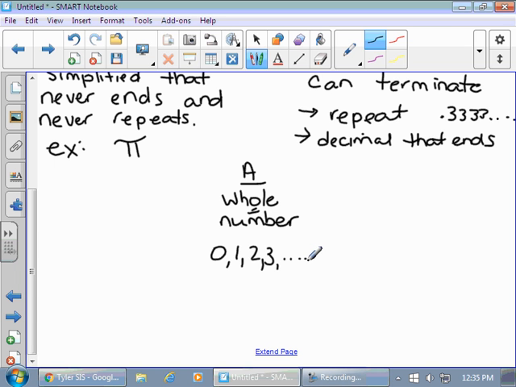Then we have what we call a natural number. Now, some of these numbers can fall into different groups. Natural number starts with 1 and goes up. So 1, 2, 3, again, as far as I can count. So right now, if I gave you the number 4, it's actually two types of numbers, right?